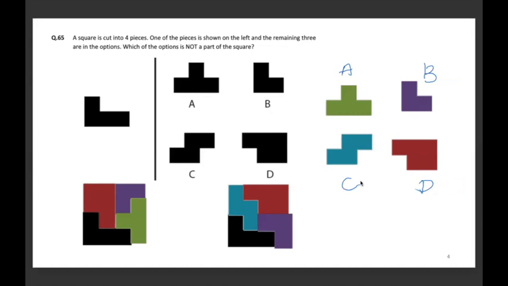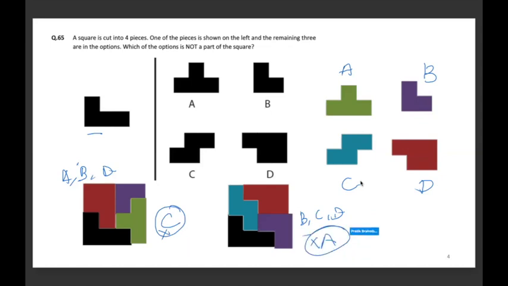Okay. So this possibility of making a square with the L piece given here can be made using the pieces A, B, and D. And this is made using the pieces B, C, and D. So here we are not using C and here we are not using A. So because there are multiple possibilities to make a square using the given piece, full marks was awarded in the examination for this.